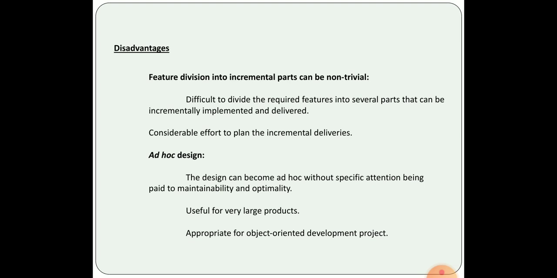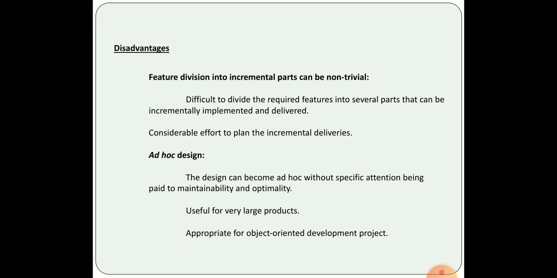But there are some disadvantages with the evolutionary development model, because the feature division into incremental parts can be non-trivial. That means we have to identify the core parts of the software in this developmental model. But for some software, identifying the core modules is not at all an easy process.